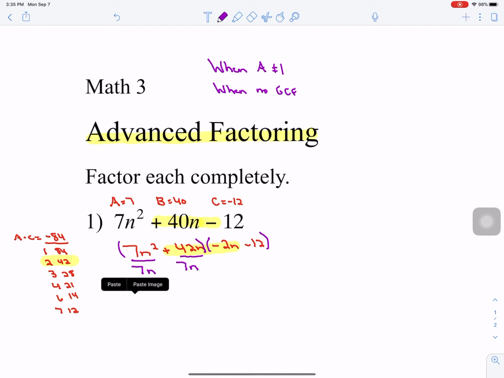It's always a single n. Okay, so now I'm actually going to do the dividing. I'm going to put the 7n out front, and I'm going to divide. 7n squared divided by 7n, I get 1n. 42n divided by 7n, I get a positive 6.